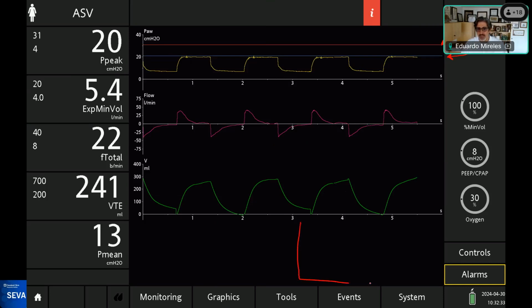So this mode is adaptive in a sense, so it will behave in the presence of effort. If a patient is becoming acidotic, or becoming anxious, or has an issue, it will behave the same as volume control or PRVC, as we call it commercially.